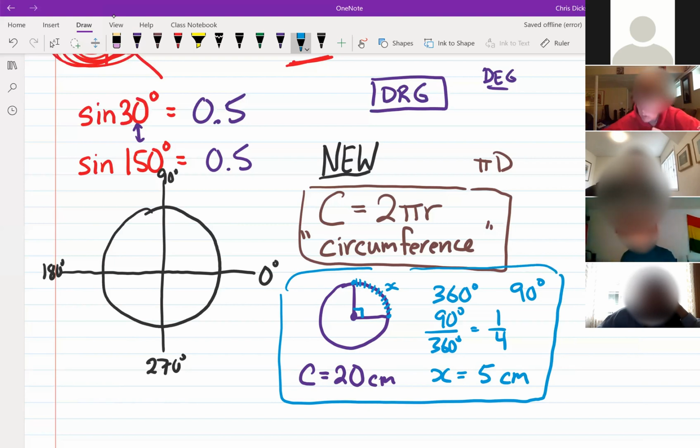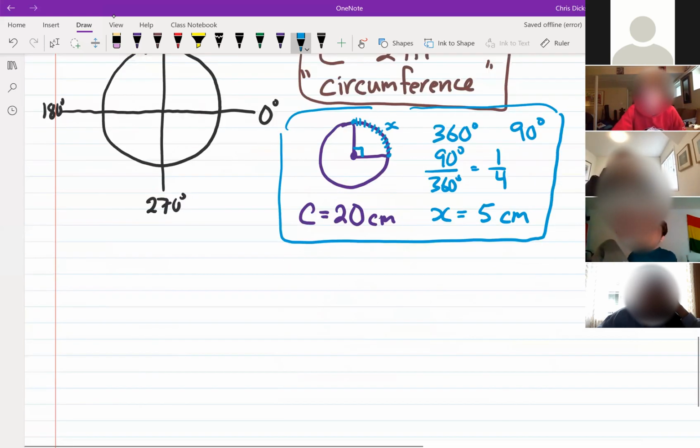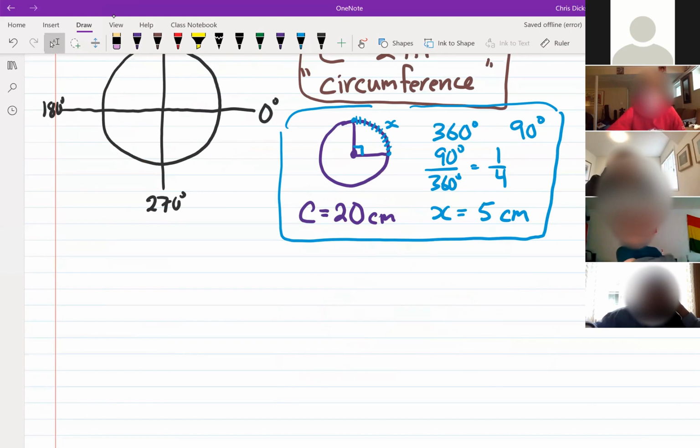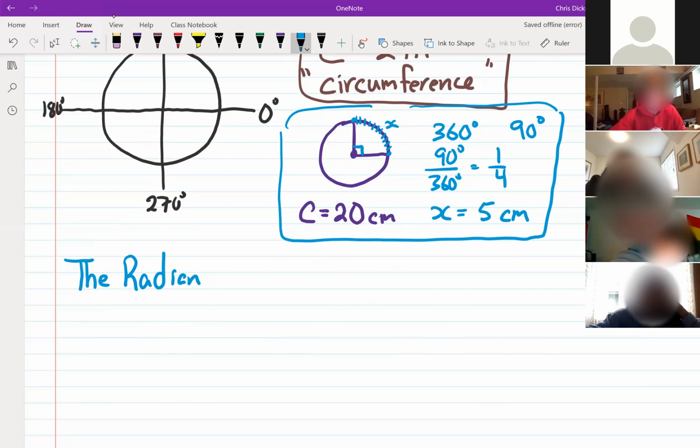But this concept is really important to what we're about to get into, which can be probably the most confusing part of the chapter. And so here we go. So the radian. The radian has a specific definition.